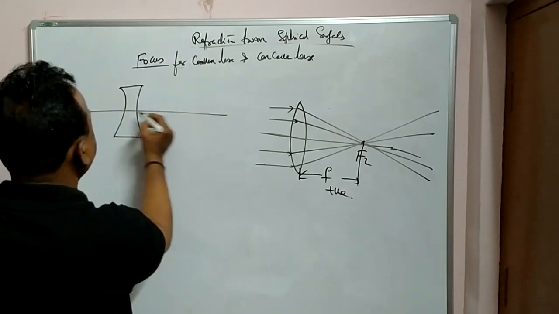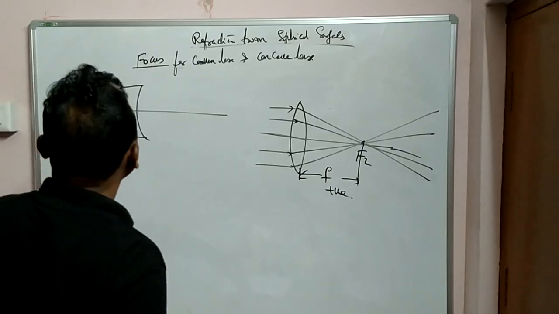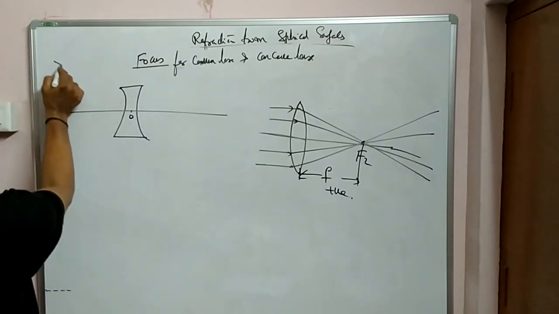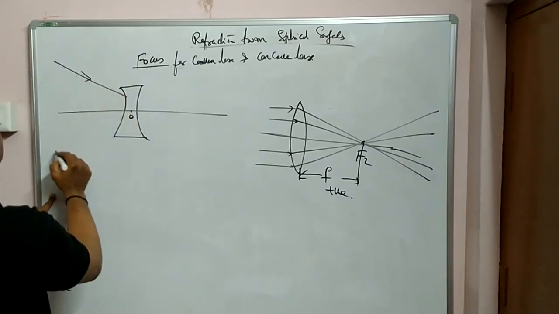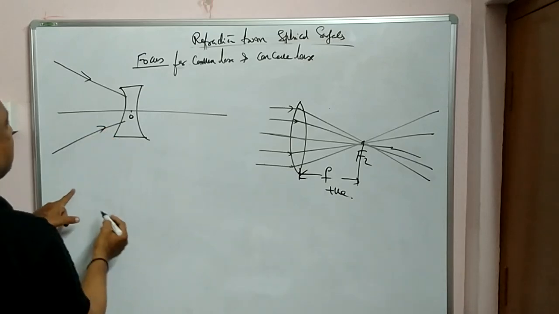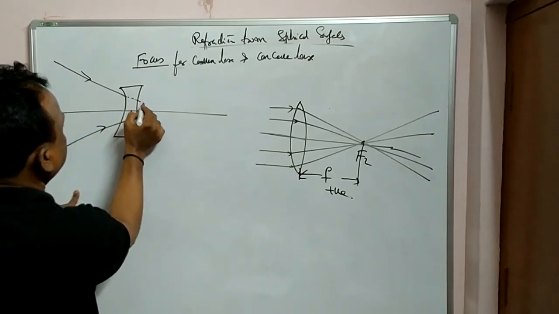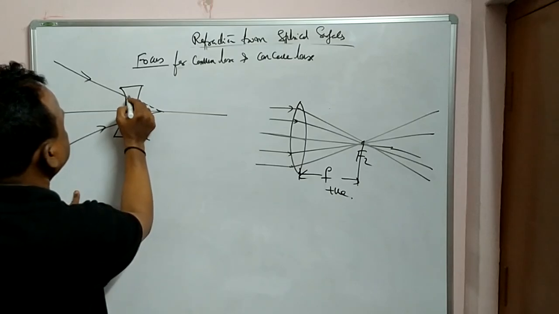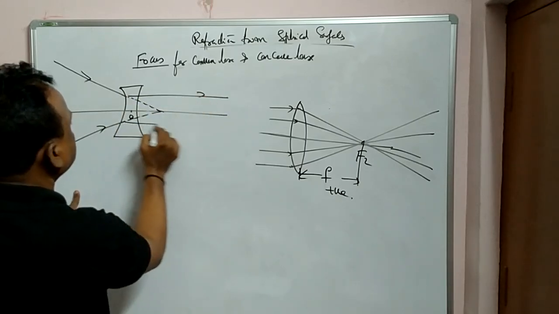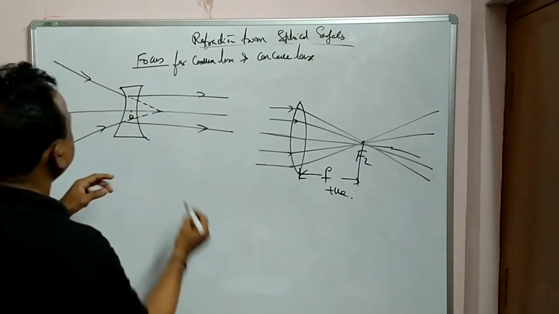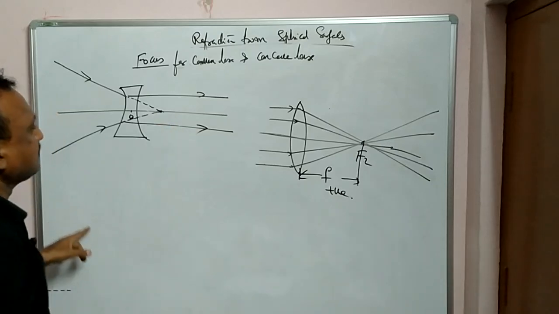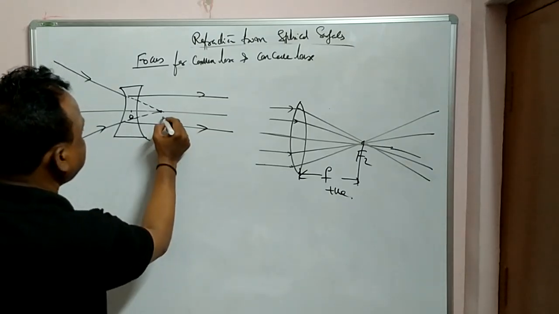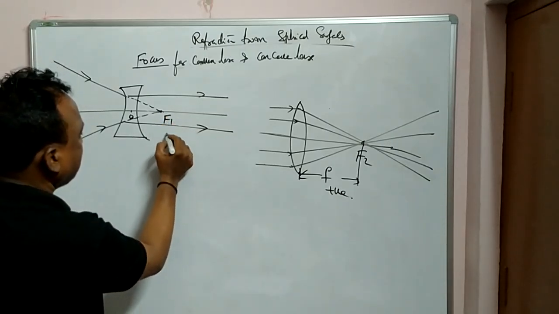This is the optic center O. For example, see light rays, for example, they are meeting like this. Okay? So here this is called as first focus.